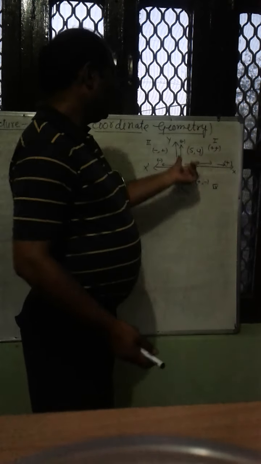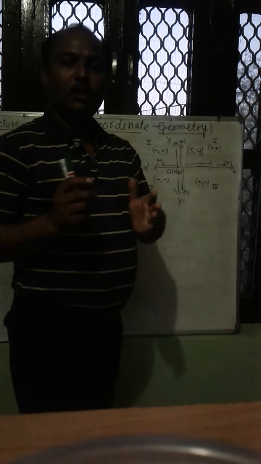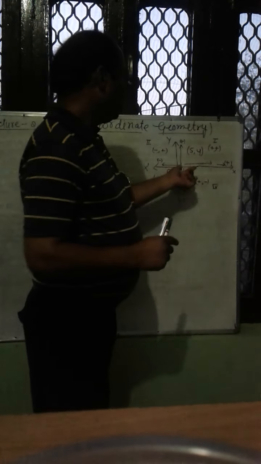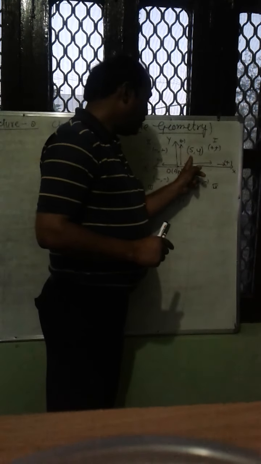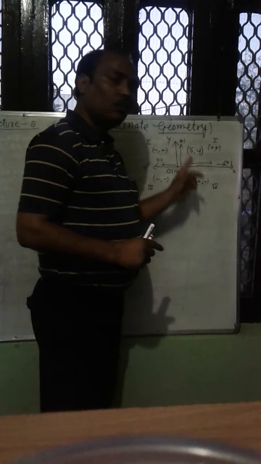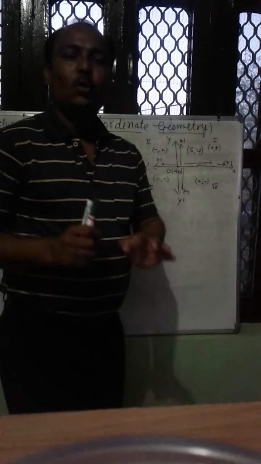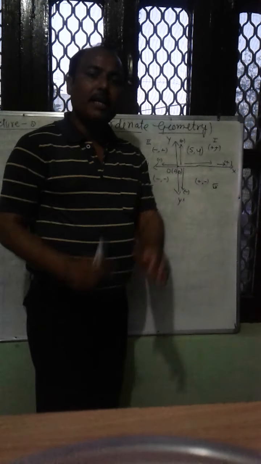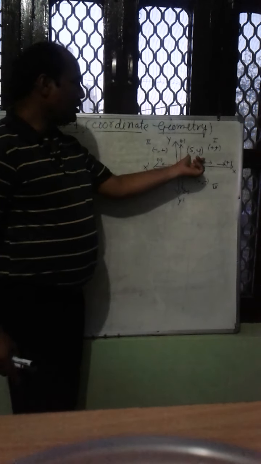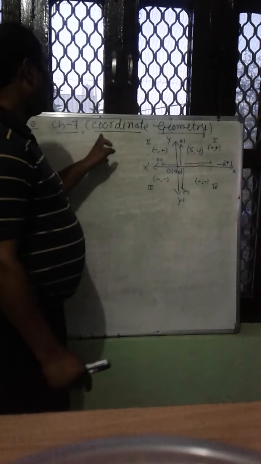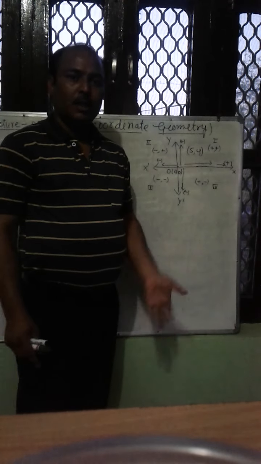Collectively we call them the coordinates. Coordinate means the abscissa, which is first, and the ordinate, which is second, and combined we call it a coordinate in geometry.